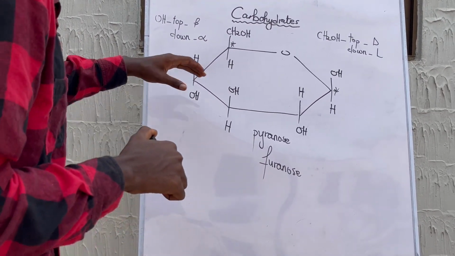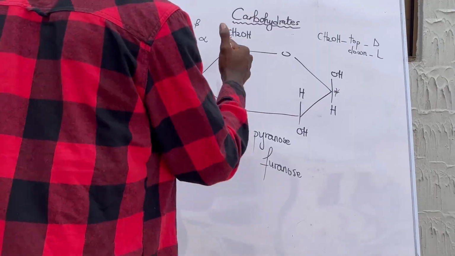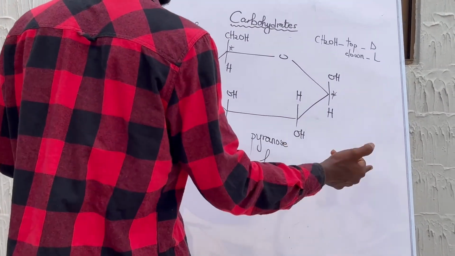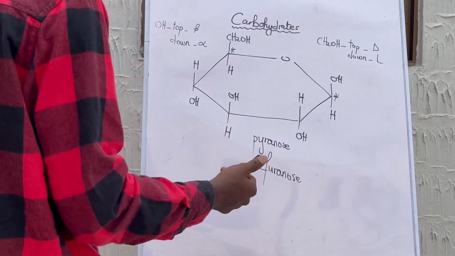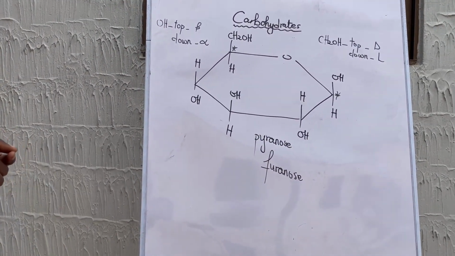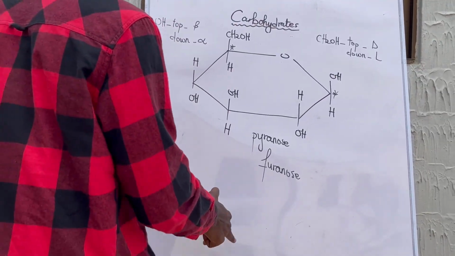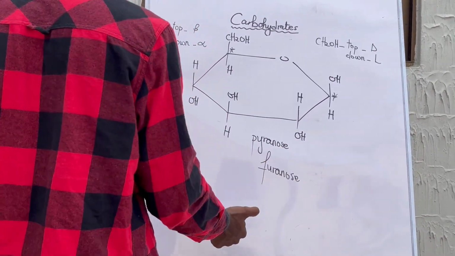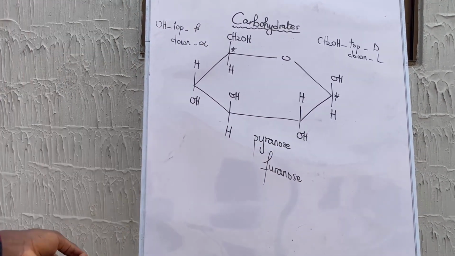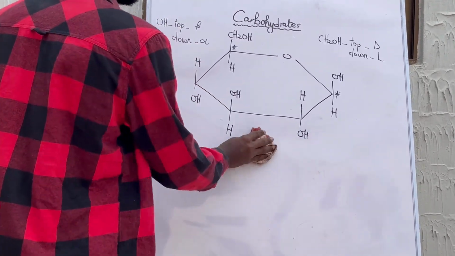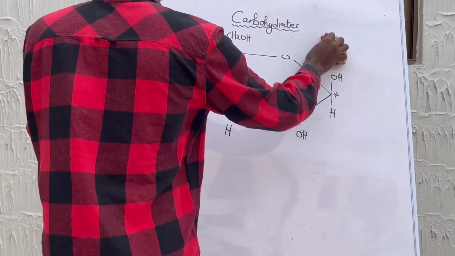So it's not always that you are going to have your glucose in a 6-member ring. You can have your glucose in a 5-member ring, and you are not going to name it pyranose. You are going to name it furanose. So let me take a moment and give you the vivid IUPAC name.